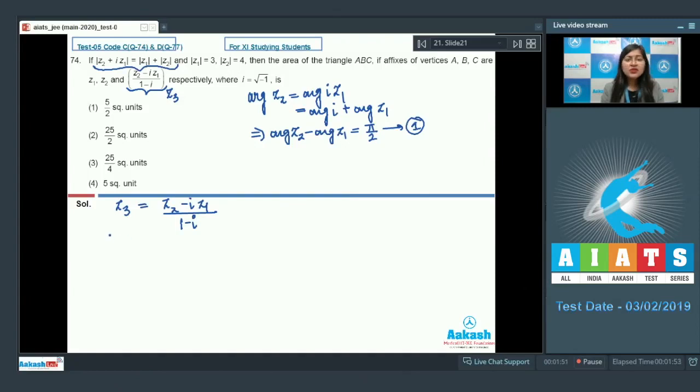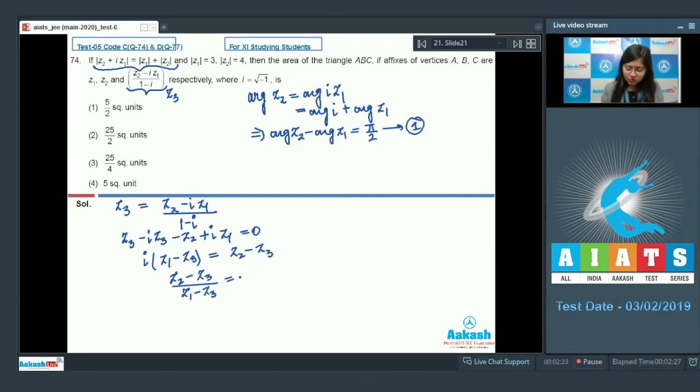So solving this further, we can rewrite it as z3 minus iota z3 minus z2 plus iota z1 is equal to 0. So taking iota common, z1 minus z3 is equal to z2 minus z3, that is z2 minus z3 upon z1 minus z3 is equal to iota. This is the second equation that we get.